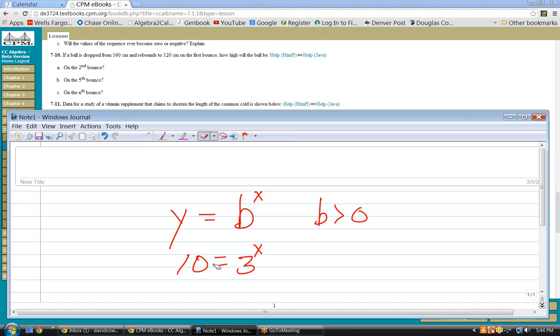You'll get logs in Algebra 2 for sure. I thought maybe they'd introduce them to you, especially since they start talking about exponential expressions, because we don't have any way to solve this without logs. But anyway, that's just a little bit about exponential expressions.